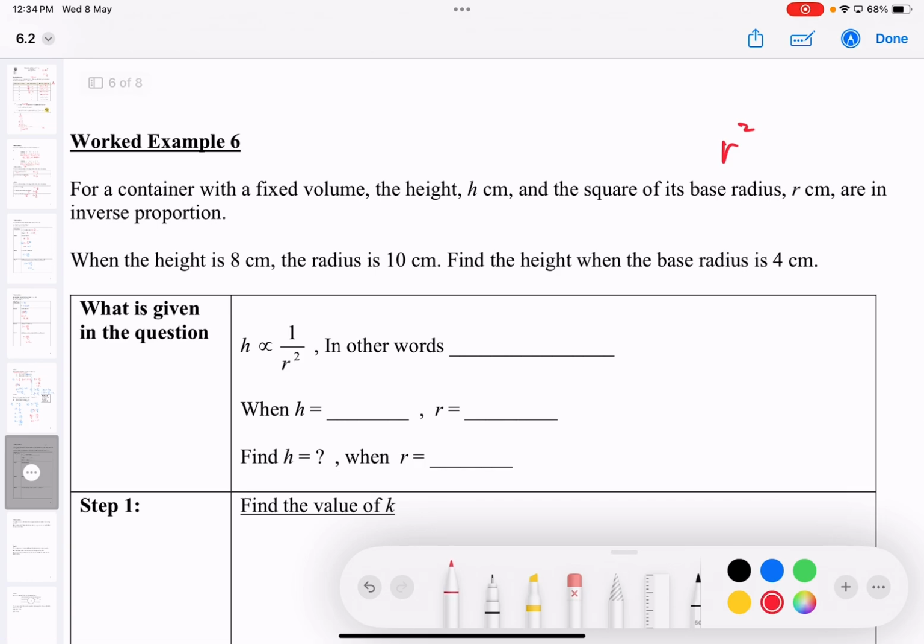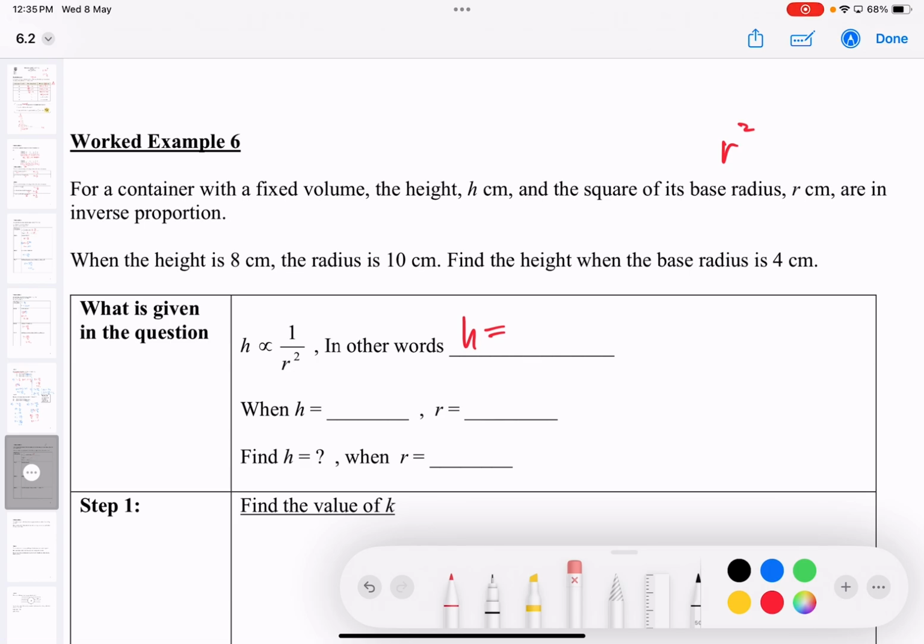So in other words, I know that the height is, juniors, help me out with this one. How do I convert this into an equation? Be serious. H is inversely proportional to the square of R. So H is equals to, there's always a K, right?